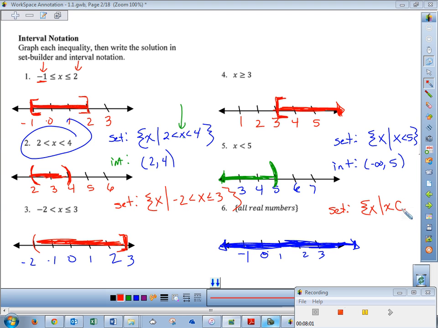I always make a C and then put a little dude in there. Kind of looks like the letter E. Is an element of the real numbers. What symbol is real numbers? The double bar R. And then close your bracket off. Set of all x such that x is an element of the reals. The more you say it to yourself correctly, the better you will do.